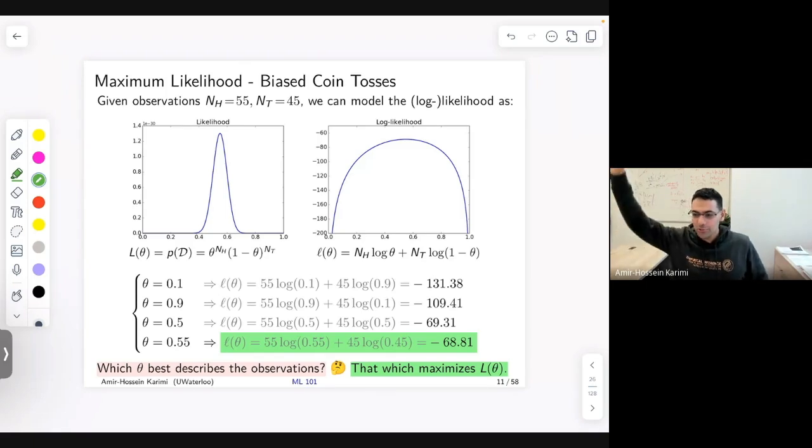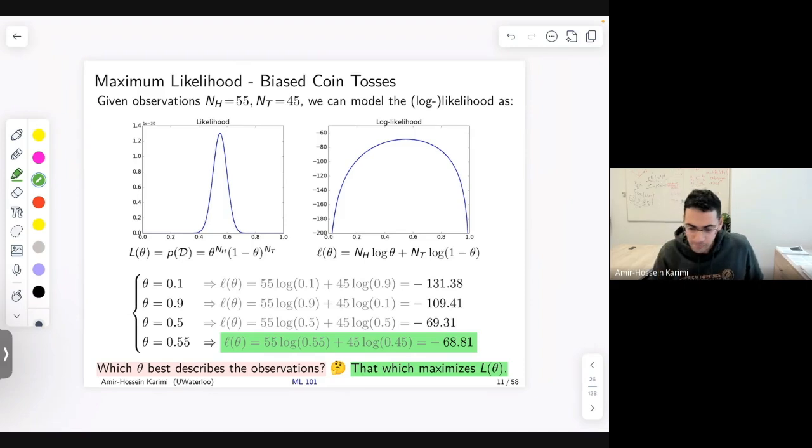You're thrown into a new world and given a coin to flip with 55 heads and 45 tails. Based on no prior information, the best guess you can make is that it's biased at 55%. That's the most reasonable guess you can make. That is what the MLE, or maximum likelihood estimator, tells us to do.